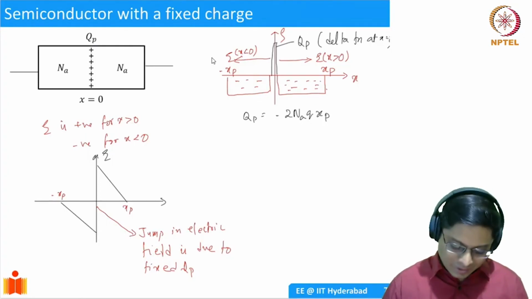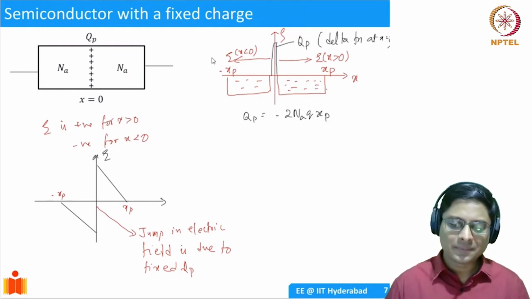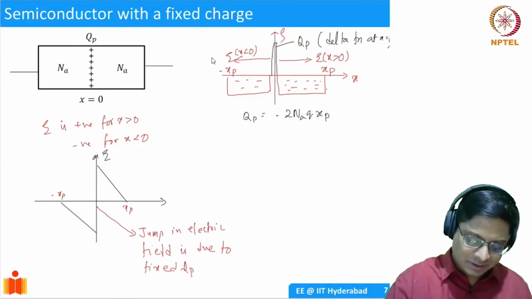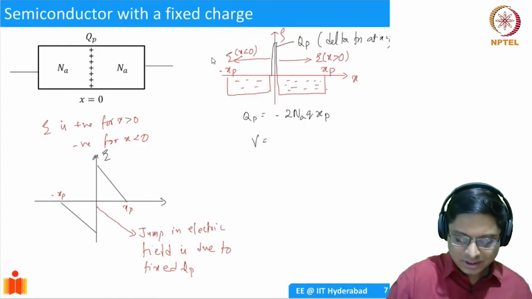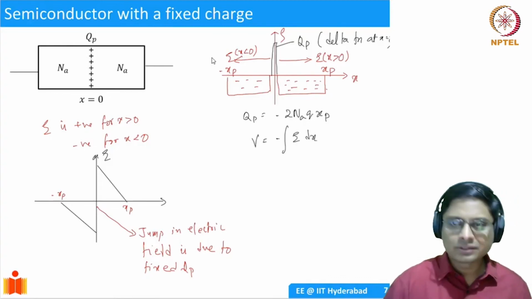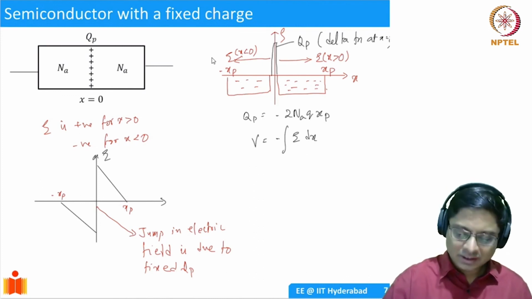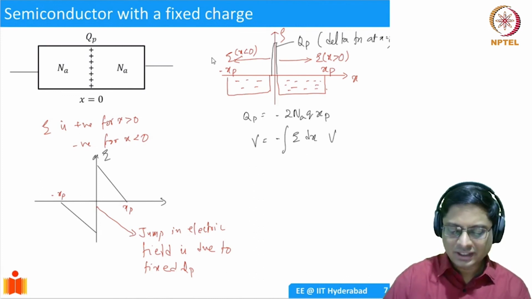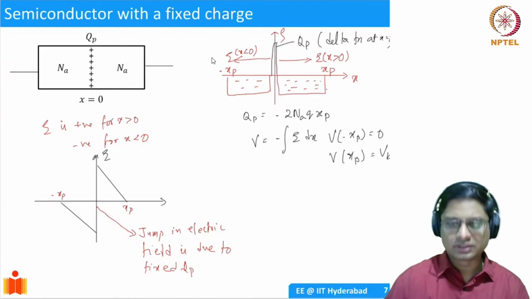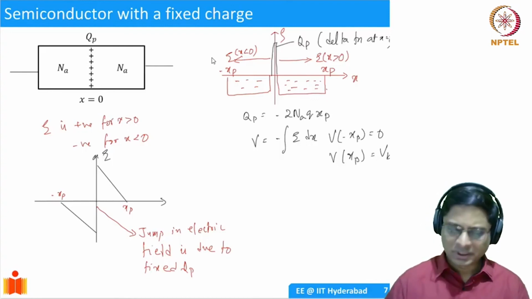All right. So then, what happens to the potential? The potential is simply going to be the integral of the field. As you integrate it, you have to take a boundary condition. So of course, the same as usual, I'll take v of minus xp equal to 0 and v of xp equal to vbi. Please integrate it.